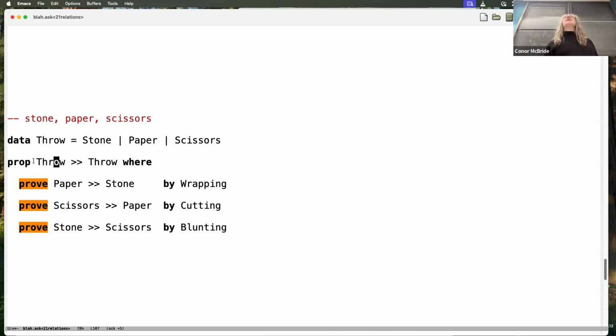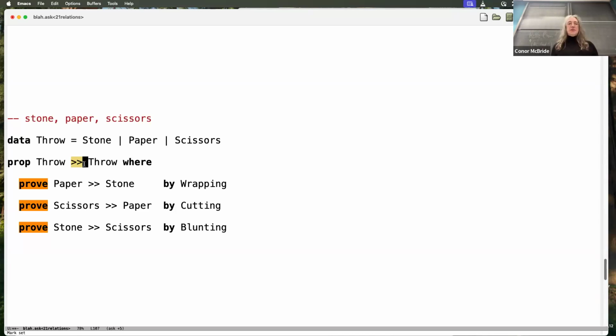So when you put greater than, or beats, between 2 throws, you form a proposition. So that's one thing. I've invented a new kind of proposition: this beats that, for 2 throws. And then I have to say what the rules are for establishing when this beats that.